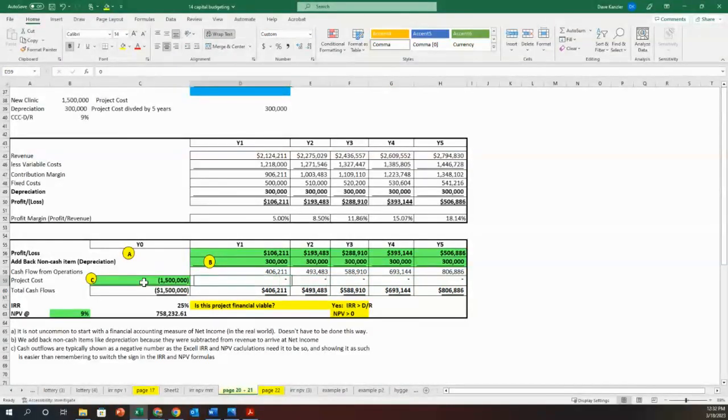So what I did here, there are situations where sometimes you have additional project costs later. Maybe you say, okay, and this is hypothetical, it's 1.5 million, but I know that in year three, I'm going to have to replace a whole bunch of equipment that's going to wear out, and I'm going to have to spend $200,000.